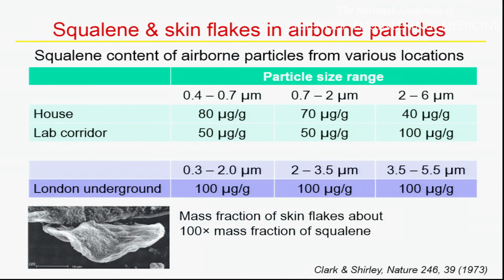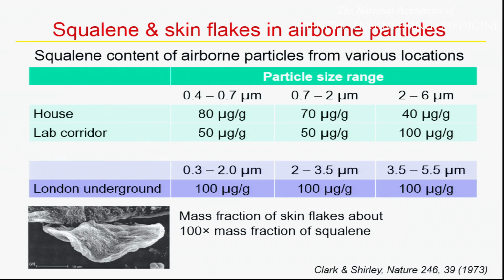Clark and Shirley, two British researchers, collected size-fractionated indoor PM from their homes, from a lab corridor, from the London Underground. And they analyzed the PM for squalene. And what they found was that the squalene content was between 40 and 100 micrograms per gram.